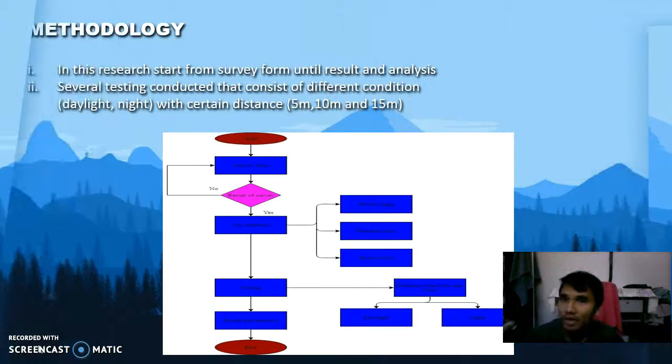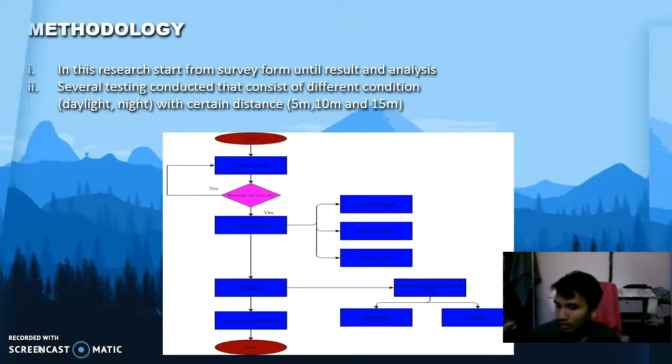Second, I will present about the methodology. Here is our project methodology flow. We start from the survey form. Second, we select the chosen cars such as Proton Saga, Perodua Axia and Proton Wira.